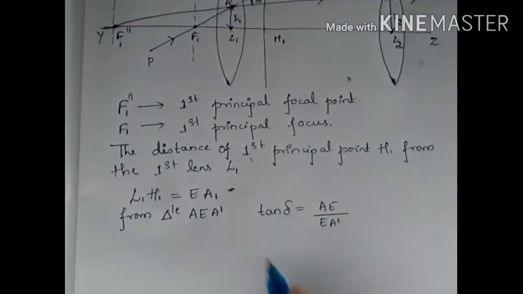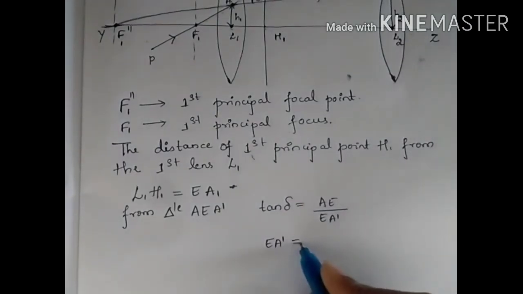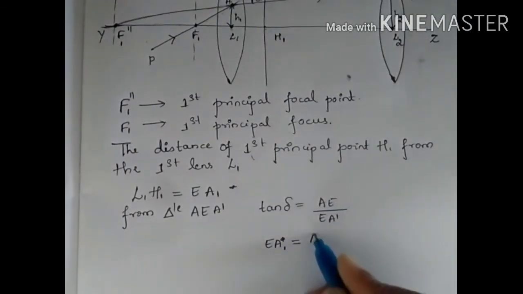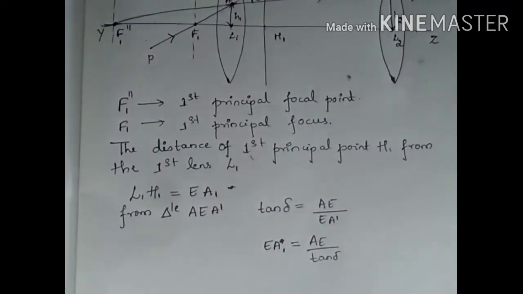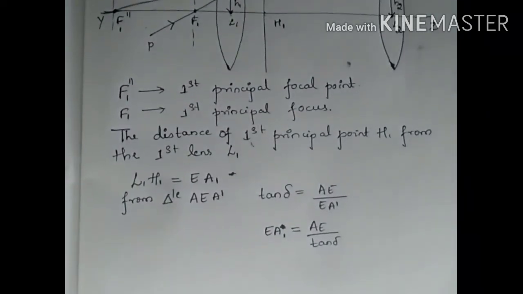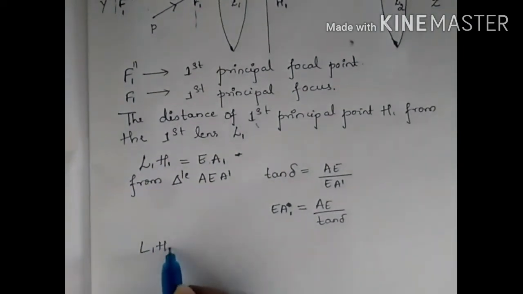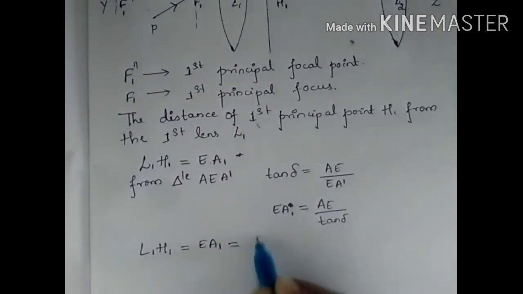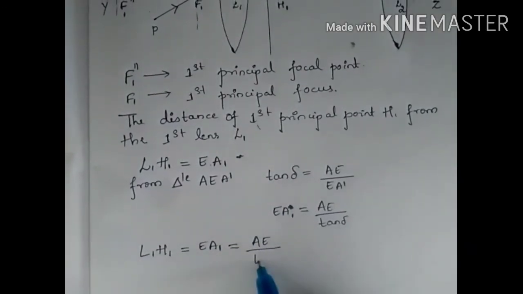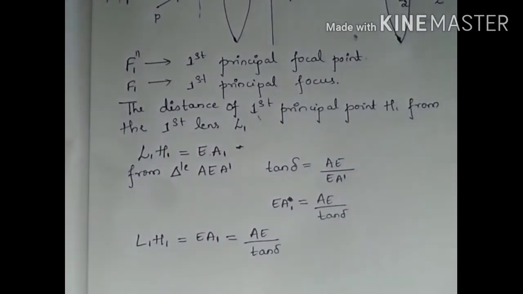So now if you cross multiply, EA1 is equals to AE divided by tan delta. So that is what you have here. So L1 H1 is equals to EA1, which is equals to AE divided by tan delta. So this is the basic point.